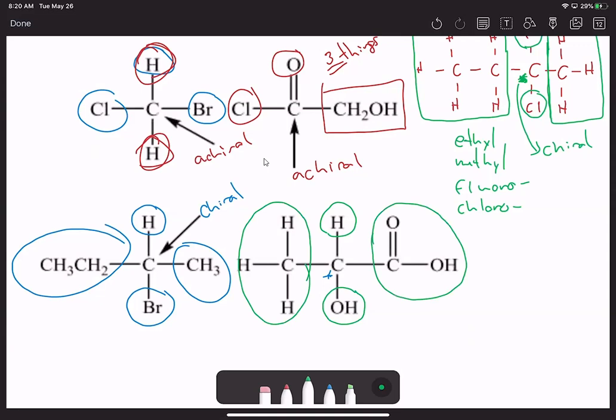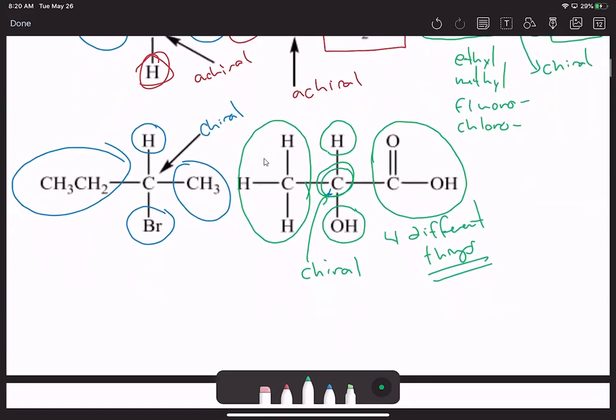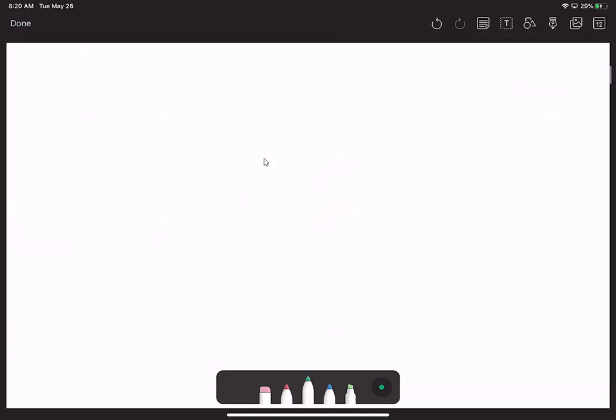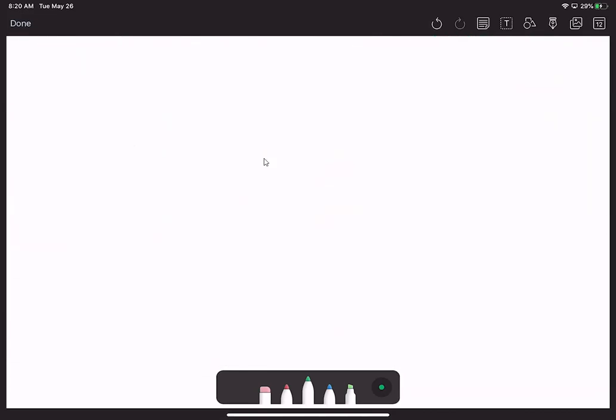So I definitely have 4 different things, so this is chiral. All right, so it is also plausible, and it'll happen quite often, that some of these molecules will have more than 1 chiral carbon. So let's see what that looks like.